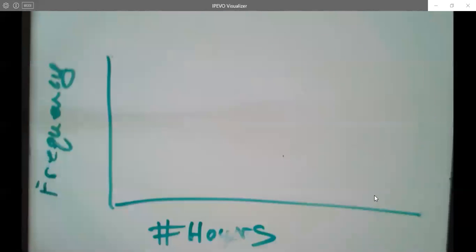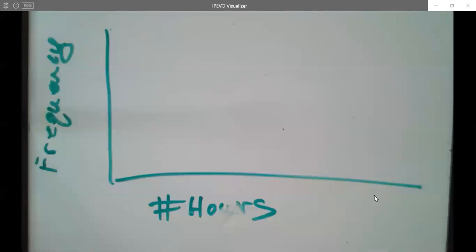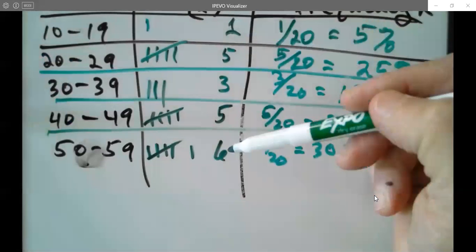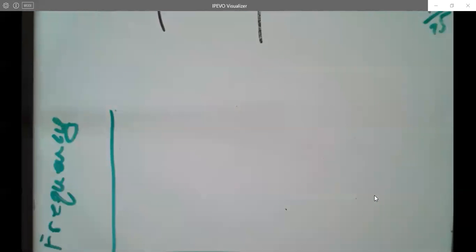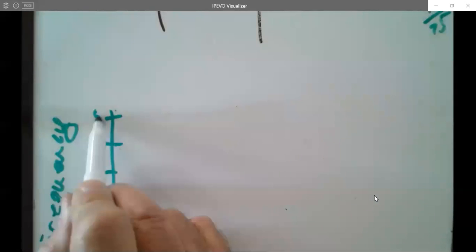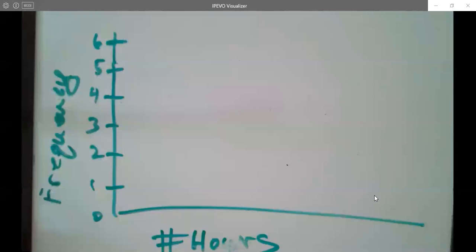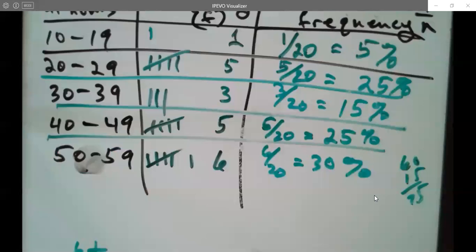We had a frequency of 1, the lowest is 1, but no more than 6. So this would be 0, 1, 2, 3, 4, 5, 6. And then our number of hours, that's our classes.